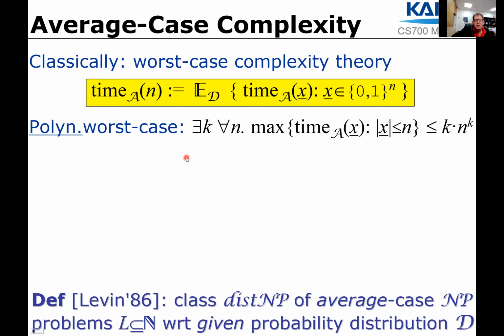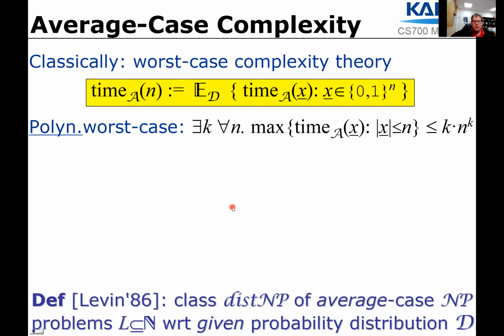Maybe a naive way is to proceed from polynomial worst case complexity, which can be expressed in this way. For all inputs of length n, the maximum, that is the worst case runtime of the algorithm A on input X, where X has length up to n, must be bounded by a polynomial, that is by some expression k times n to the k, where k is some integer. Here we combine the exponent of the polynomial and the coefficient into one integer constant without loss of generality.